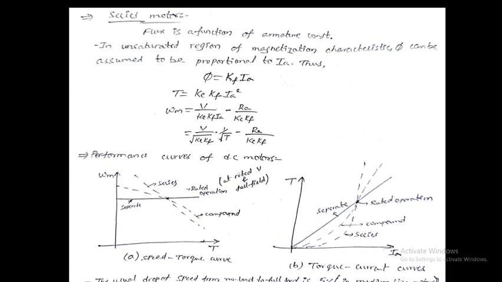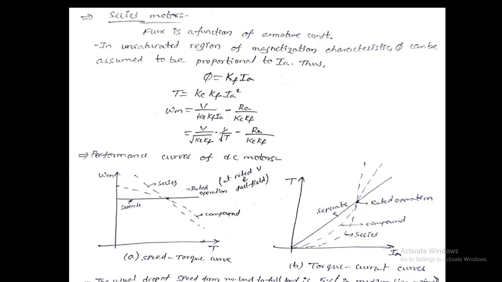If you replace pi with Kf into Ia, the constants Ke into Kf also come along with omega m. So like the shunt motor, here we got the omega m equation as V by square root of Ke Kf into 1 by root T minus Ra by Ke Kf. You need to do one more step, then you will get that.